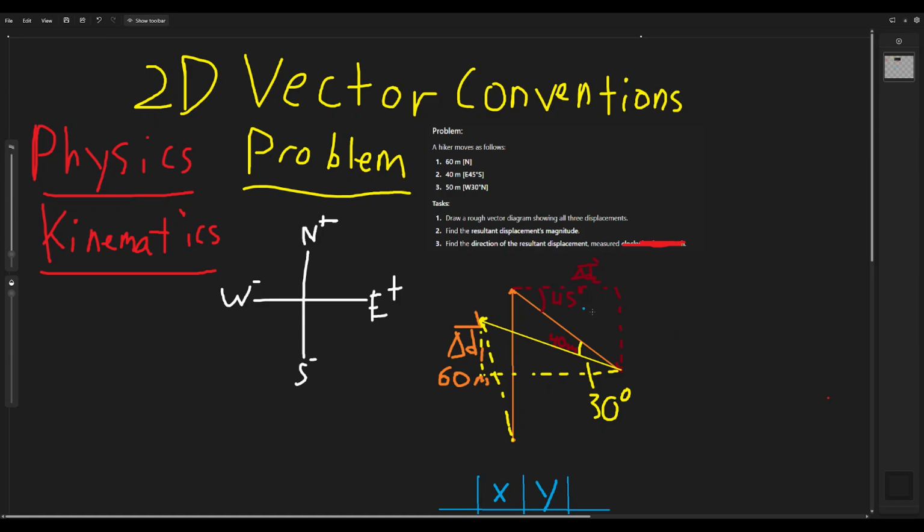So if you look at this triangle that we've created here, the hypotenuse is 40. The line that's touching the angle is the adjacent, and the line that's not touching the angle and is touching the hypotenuse is the opposite. So now put this into x and y components. This is x, and this is y.